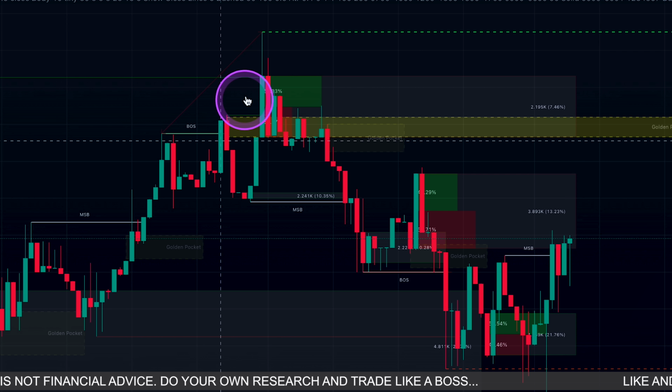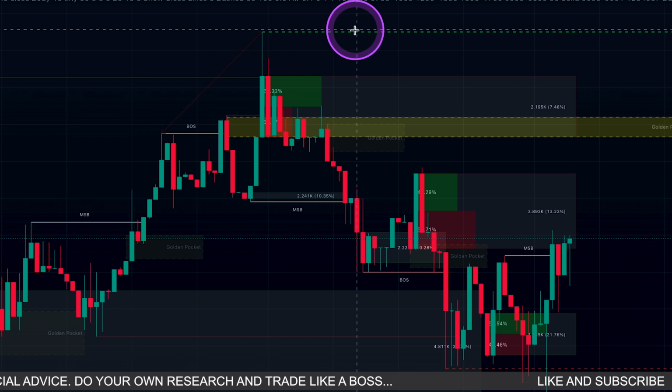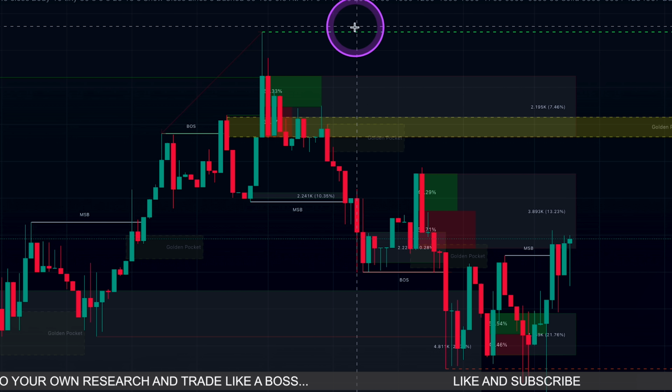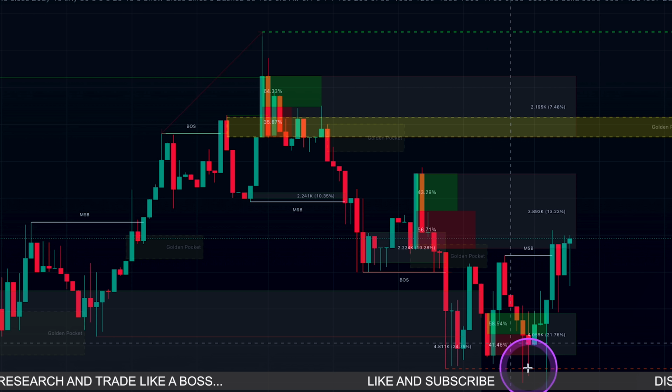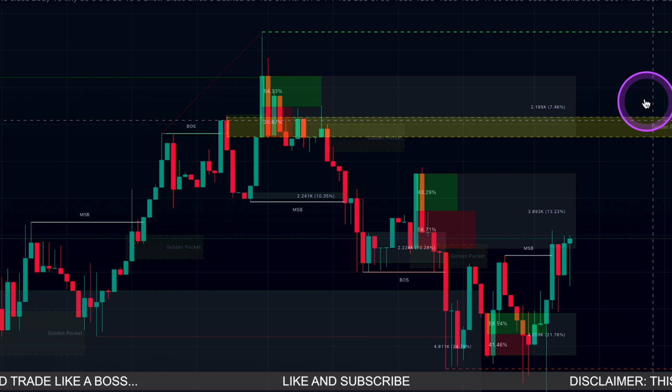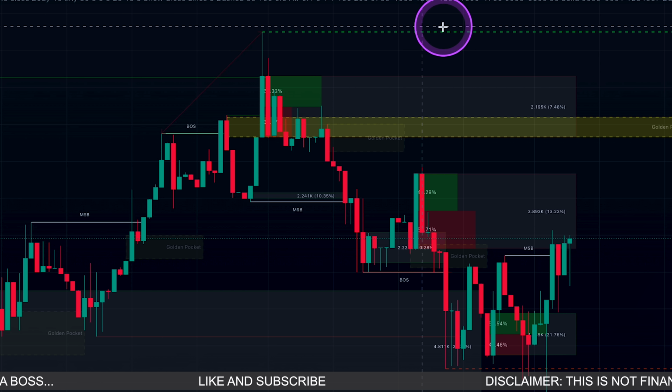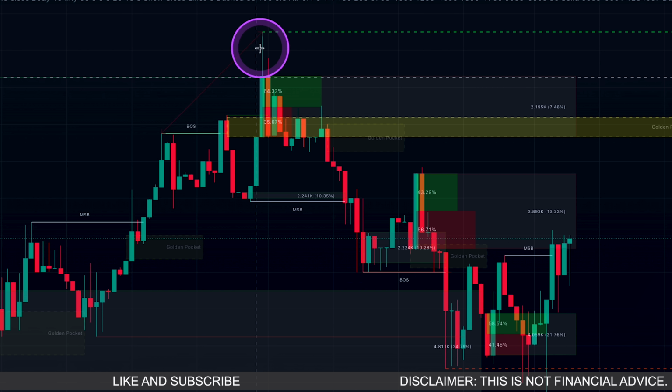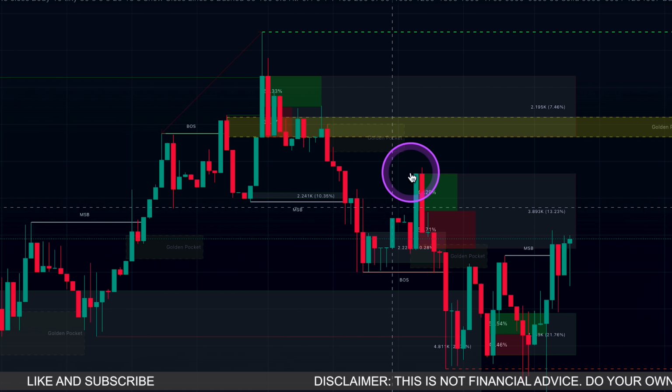And when price hasn't tapped or broken a previous high, that means that there is technically liquidity above or below that price. Either it's stop losses or unfilled orders, and it could be where potentially price could go back up.